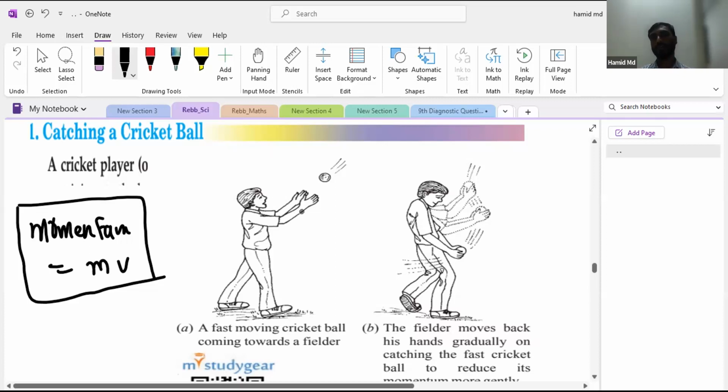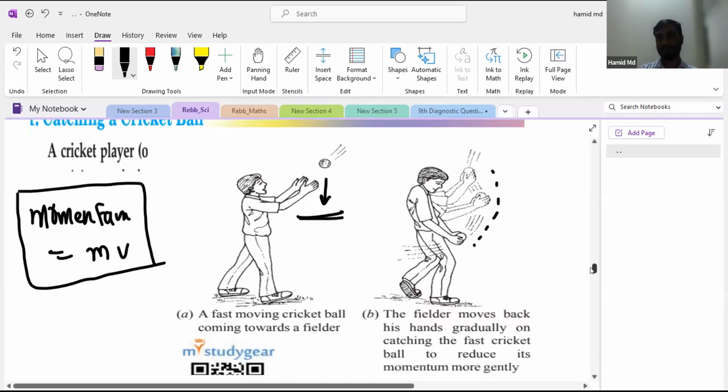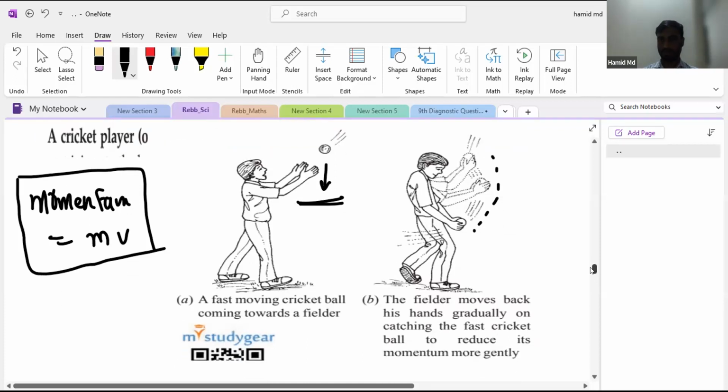See, have you seen the cricket match? Yes, the act of catch. Do you remember what he's doing in this figure? He's catching the ball and its inertia is happening.